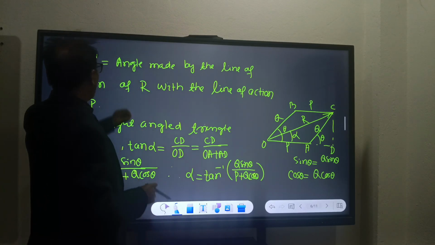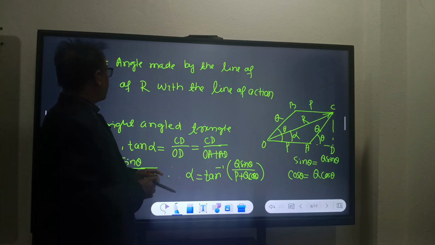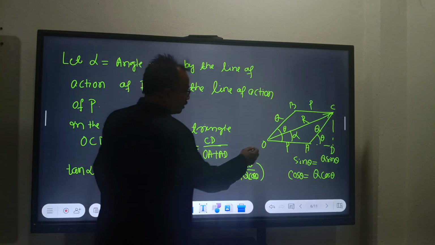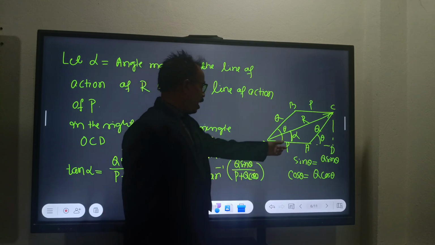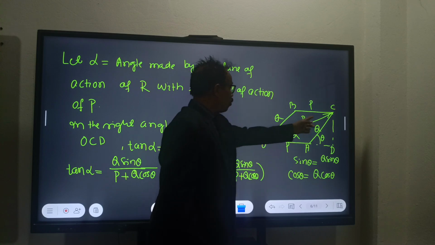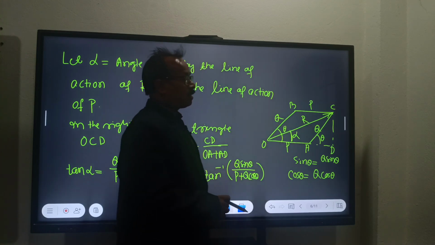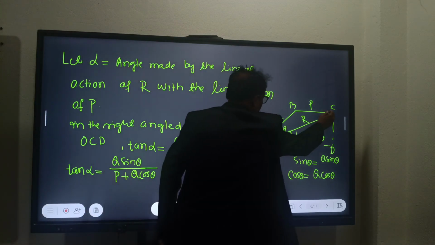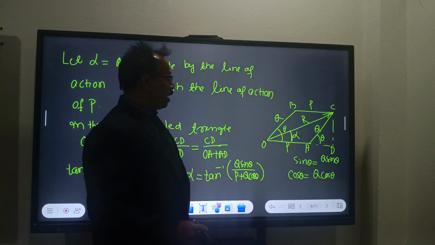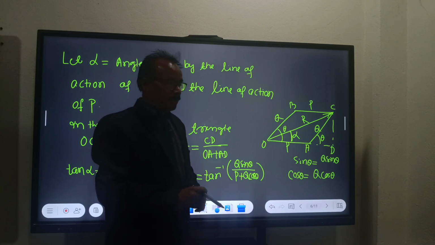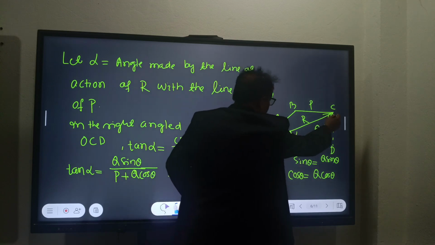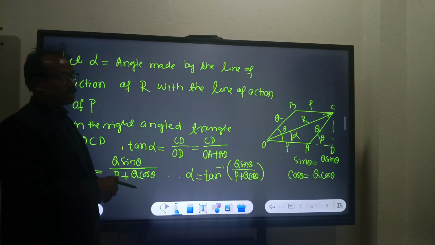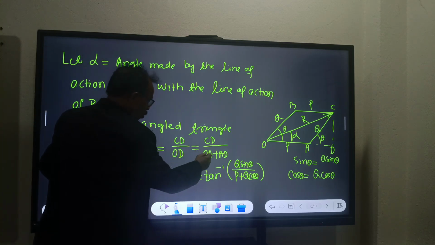Then alpha. What is alpha? Alpha is the angle made by the line of action of R with the line of action of P, that is, the angle made by OA and OC, that is P and R. Therefore, in the right angle triangle OCD, tan alpha is equal to P by B, that is CD by OD, which is CD by OA plus AD.